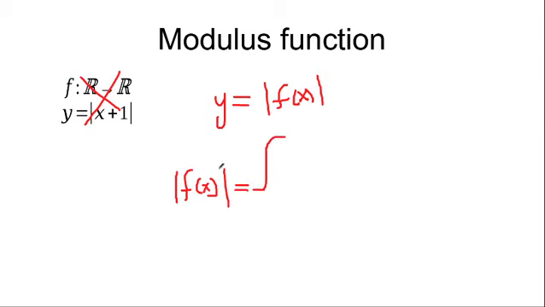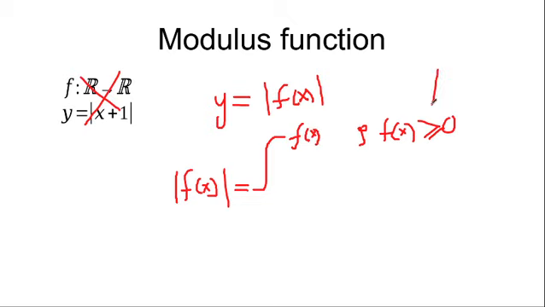When f of x, the image, is equal to or larger than 0, you can just leave it as it is. If the function is positive, you just leave it as f of x.